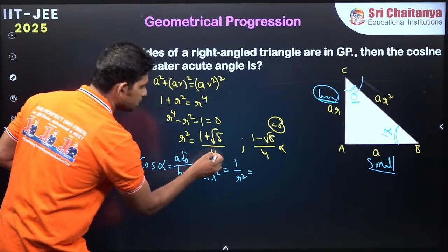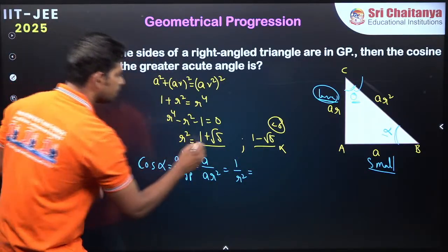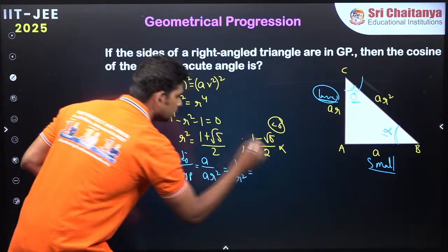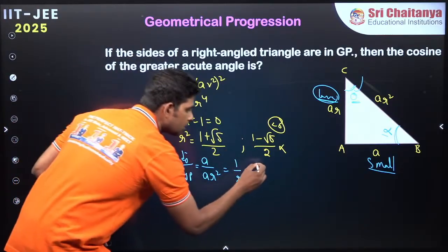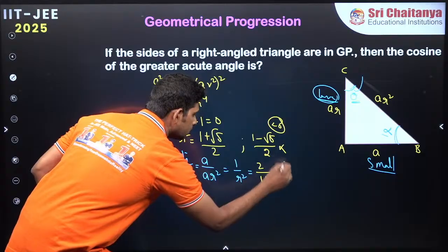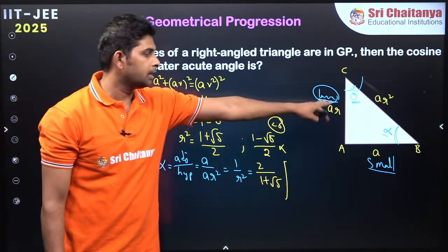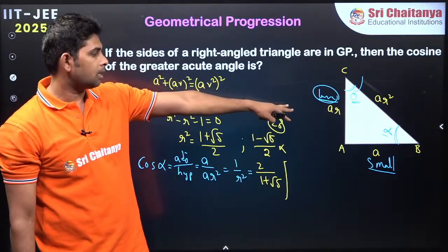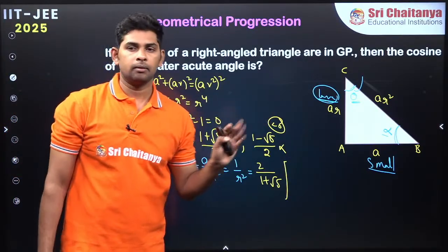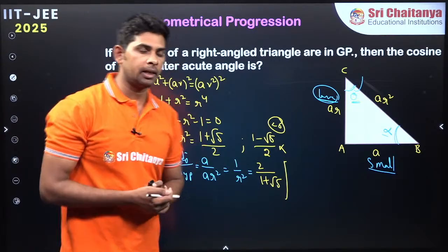One more small change here: this is not 4, we know that formula, that is 2 here. So 1 by R square is equal to 2 divided by 1 plus root 5. So this is the cosine of the largest angle in this triangle whose sides are in GP. So for a triangle also we can apply the GP.